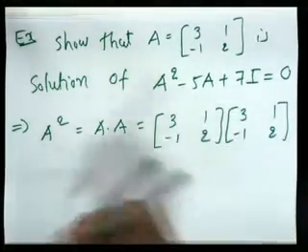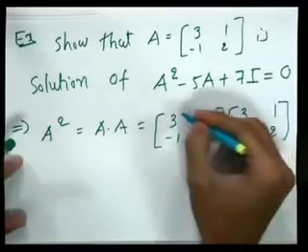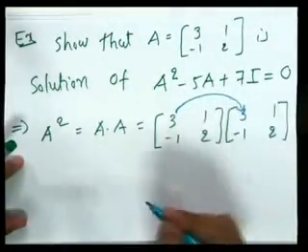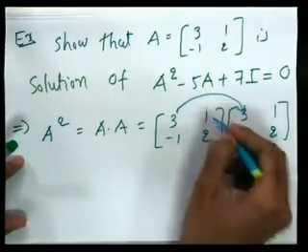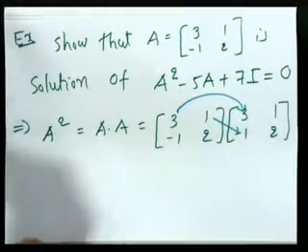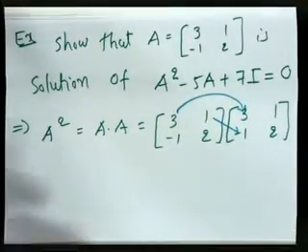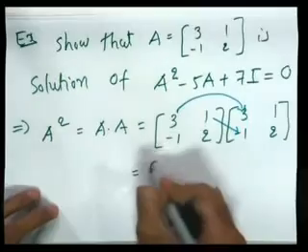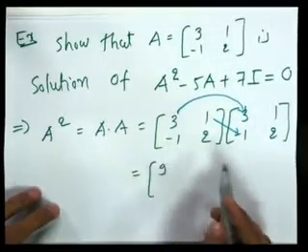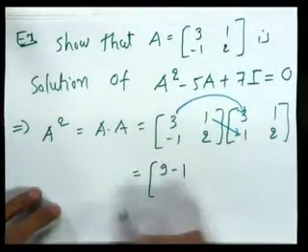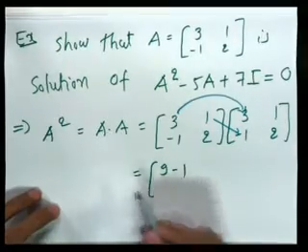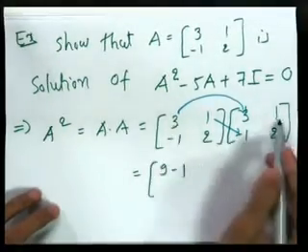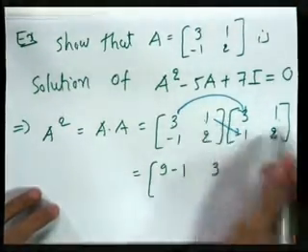So here we will multiply first 3 with 3, then 1 with minus 1. So 3 into 3 is equal to 9, then 1 into minus 1 is equal to minus 1. In the same way, then we multiply 3 with 1, which is equal to 3, then 1 into 2 is equal to 2.